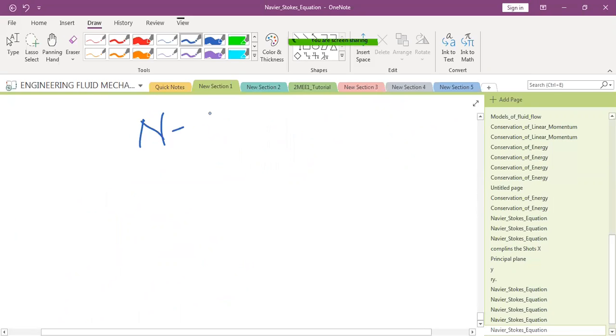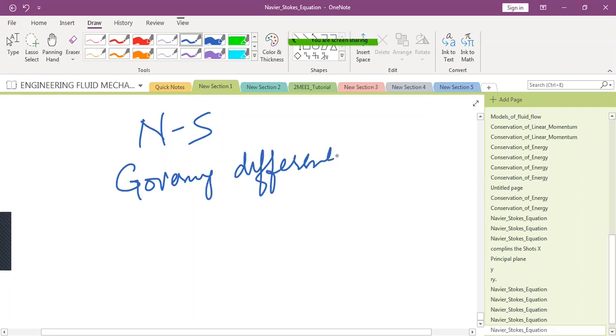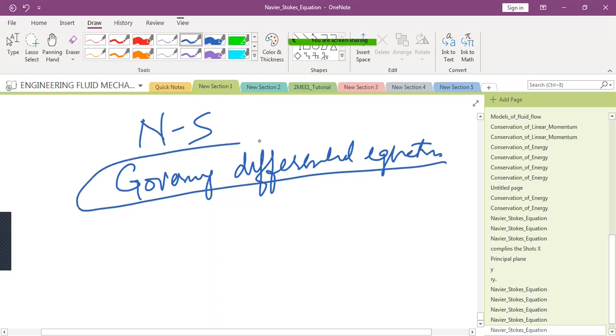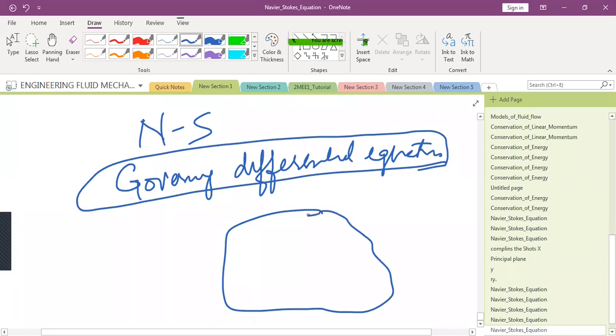So the Navier-Stokes equation is what? A governing differential equation. From your mathematics background, if you have a governing differential equation and a domain, in which region is it valid? Or how can you solve a differential equation?